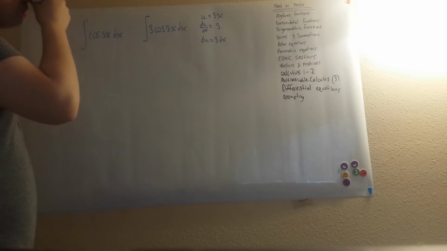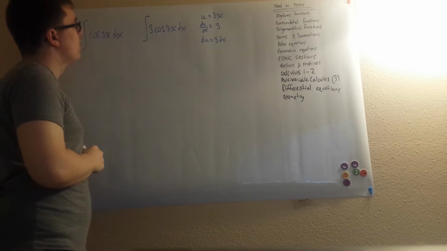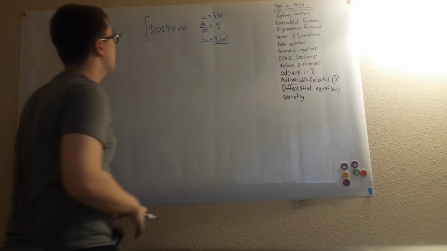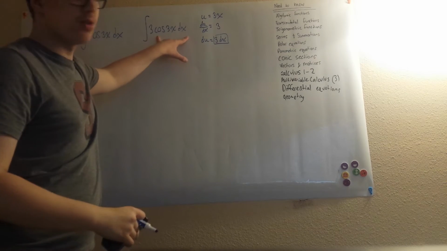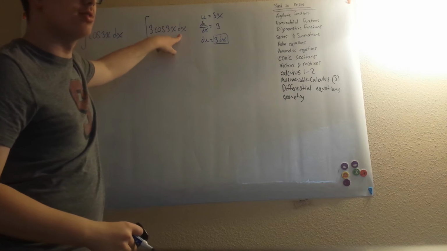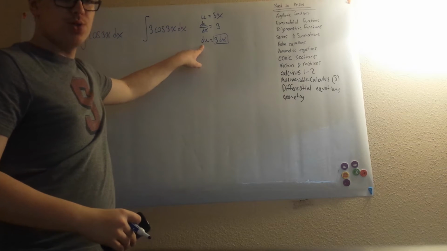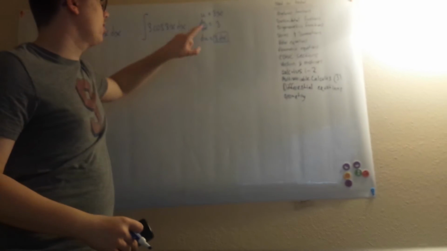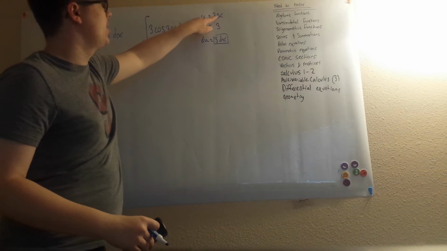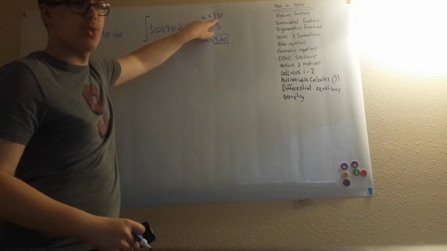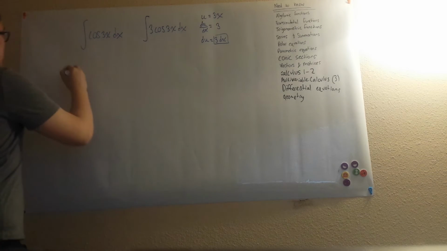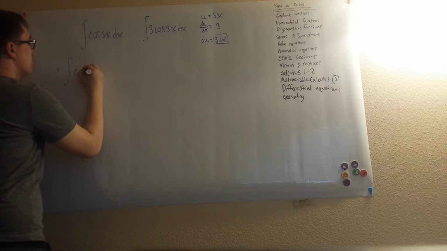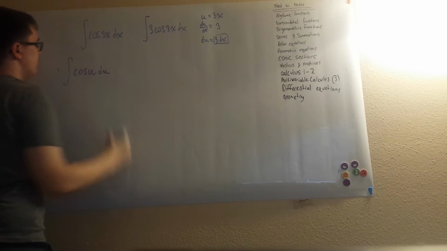And now we notice that I have this entire thing, 3dx, in my integral, and I can substitute that for du. So all of this is gone, and we can replace it with du. And we can replace the 3x with u. So this becomes the integral of cosine of u du.